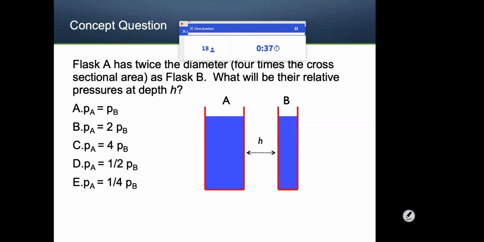You've got 30 seconds left. There's no penalty for getting it wrong. There's no bonus for getting it right. But aside from the pat on the back that you can give yourself for being so smart to know the answer to this question. Ten seconds left.